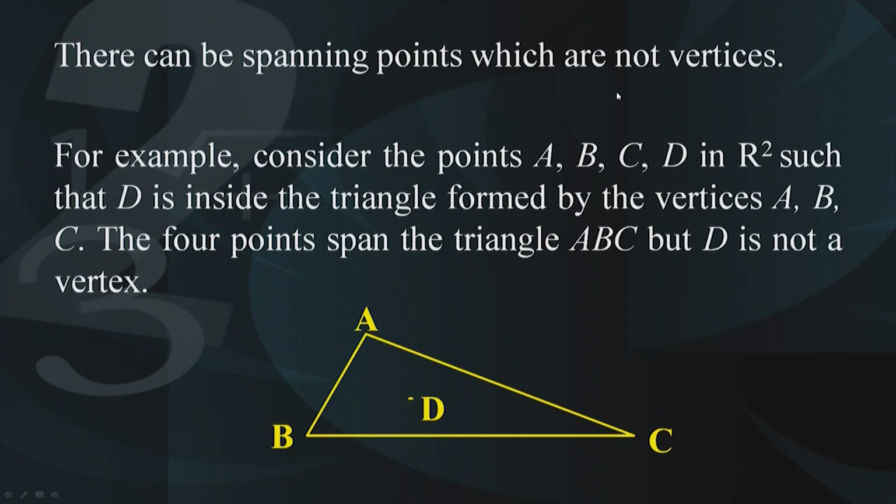Now, let us look at this example in order to understand this theorem. There can be spanning points which are not vertices. How does this example help us to understand this?